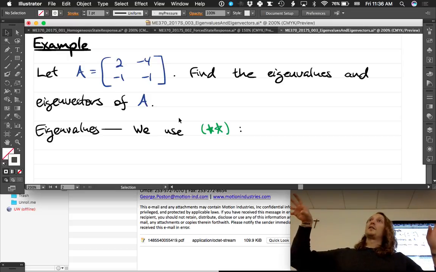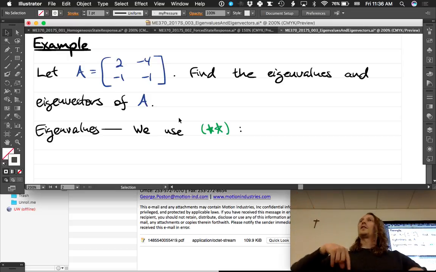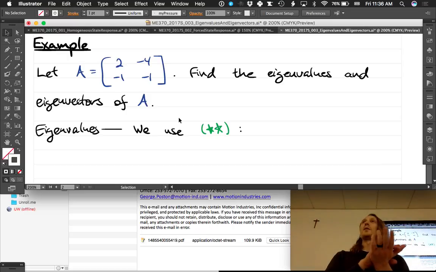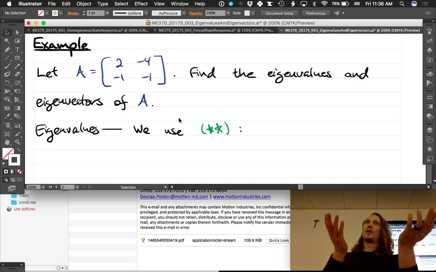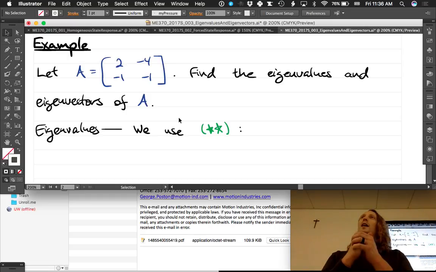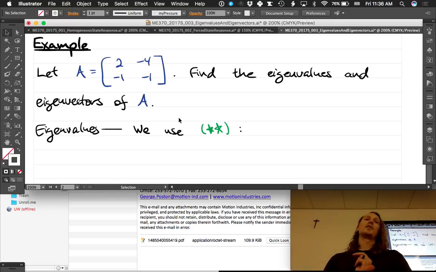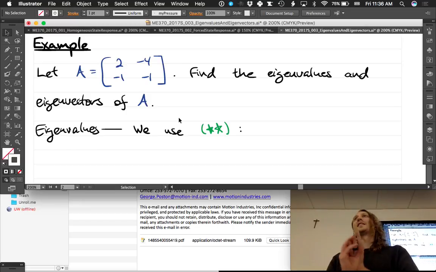If it was a second order system, remember that the characteristic equation came out to be second order. If it was third order, it would be third order, and you would have that many roots of your characteristic equation. Same is holding true here. Our characteristic equation has 2 roots, and so we have 2 lambdas. And I said they're all going to be distinct in this class, which is nice.